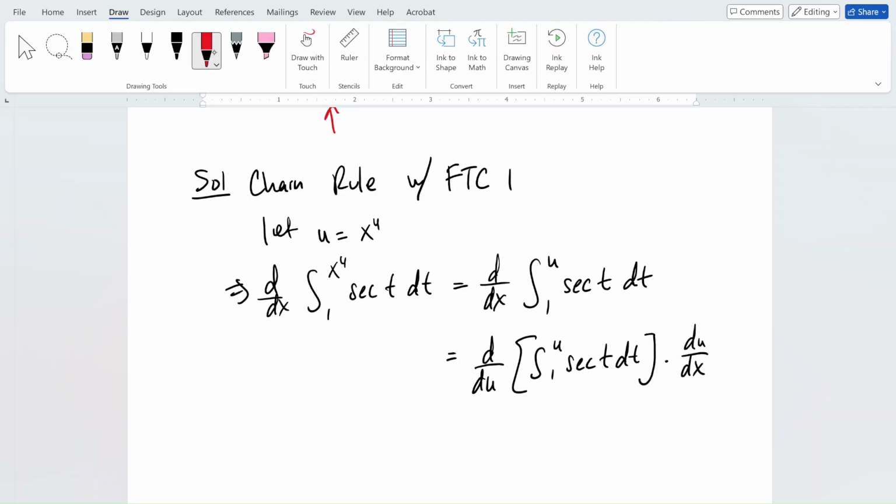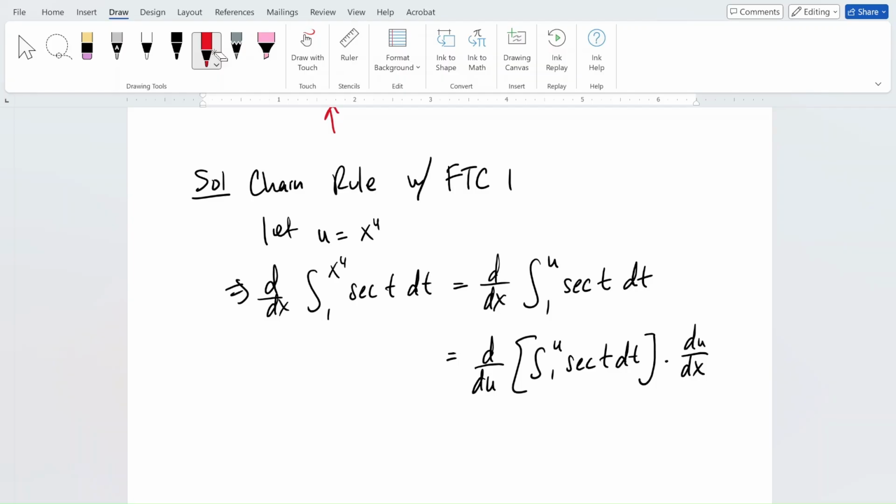So if you want to see this as, quote unquote, fractions, you could see that the du and the du cancel each other out, leaving you a d dx, but that's not the best way to really see it. We're using the chain rule here, right?